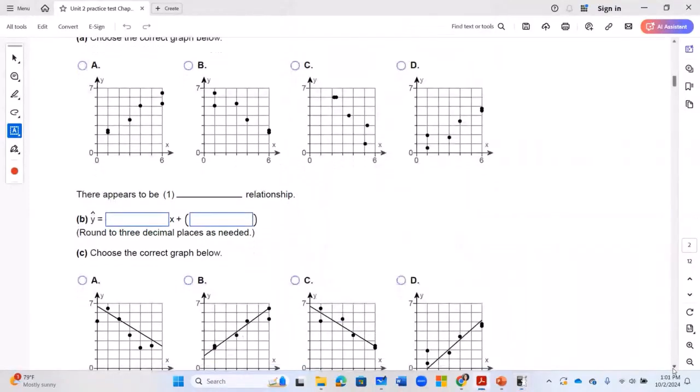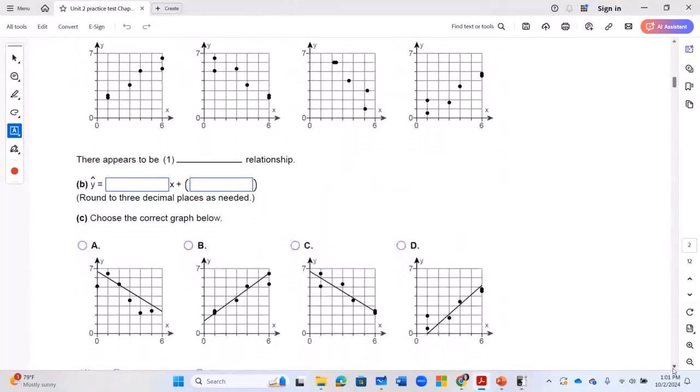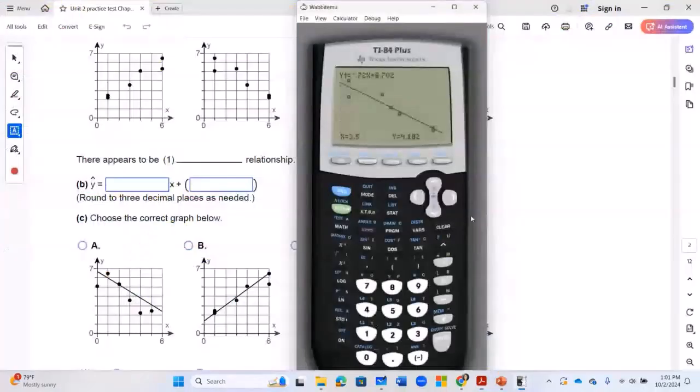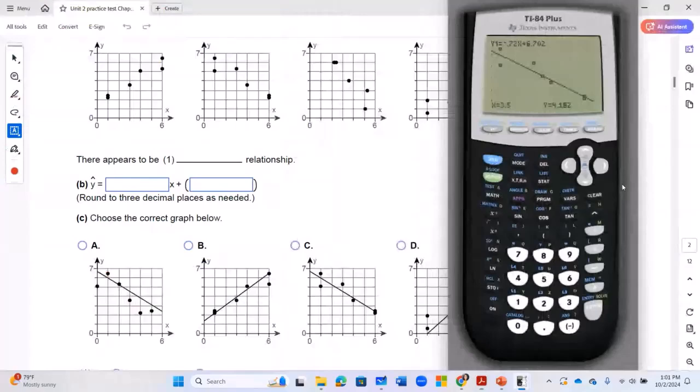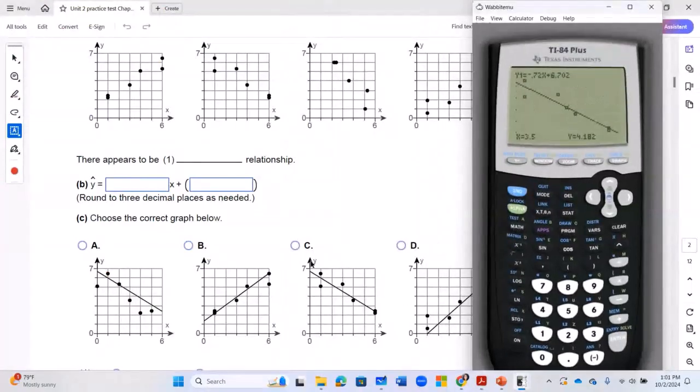All right, so my line of best fit actually looks like, I need to eyeball that graph so I can be sure. So the line of best fit actually is C. My line of best fit looks like C. Yeah, because the y-intercept is, actually, everything about C looks right. So I can make a decision.